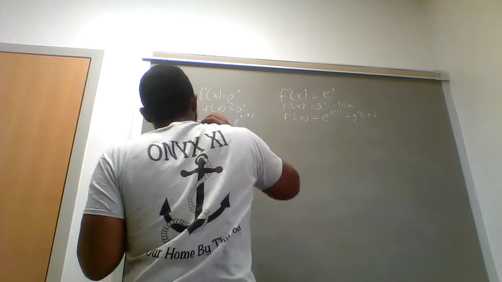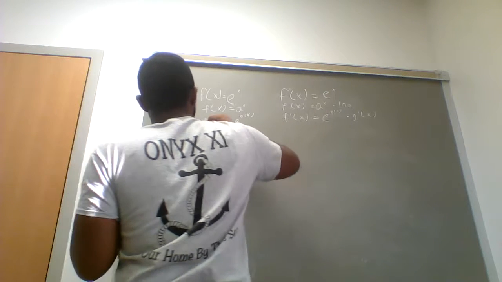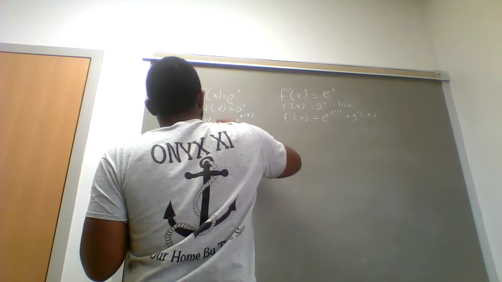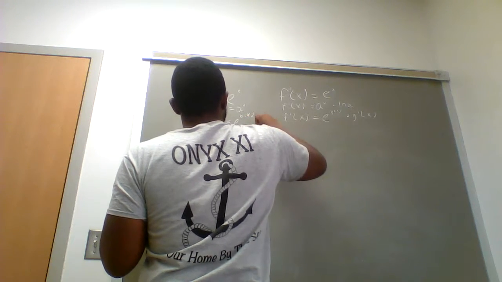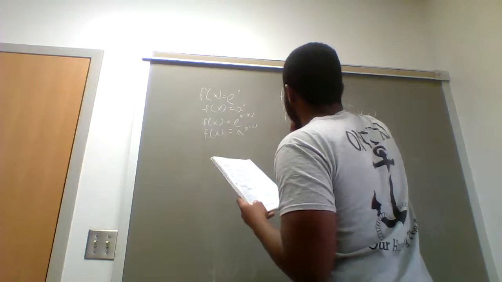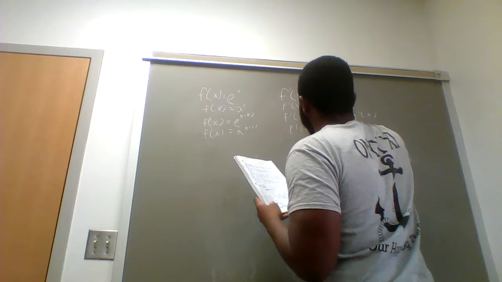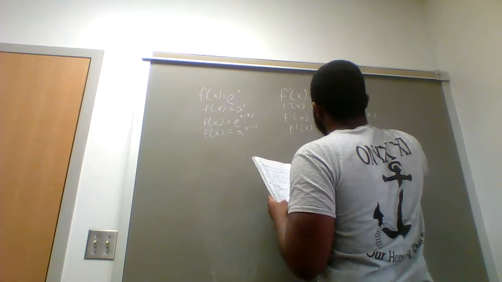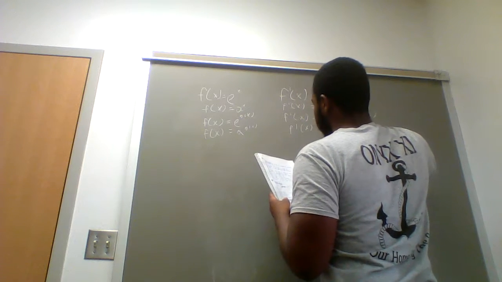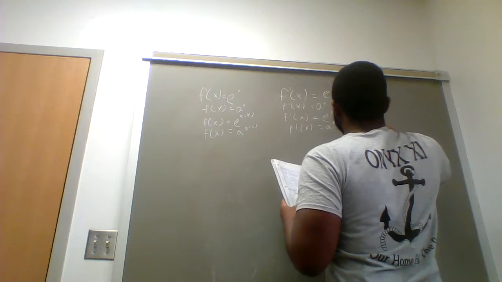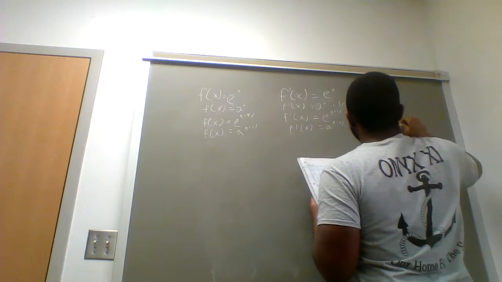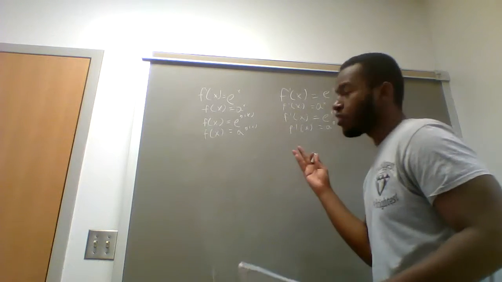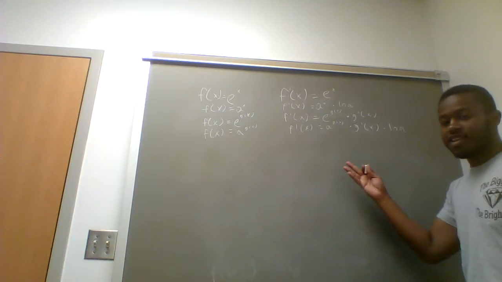And the last property for exponential equations would be f of x equals a to the g of x. The derivative of this would be f prime of x equals a to the g of x multiplied by g prime of x multiplied by the natural log of a. I'll just move the way so you can see everything.